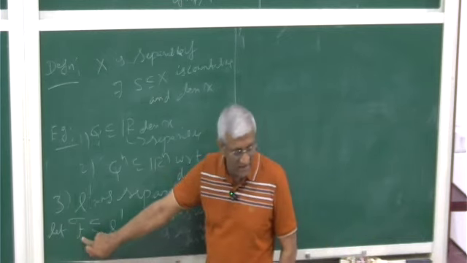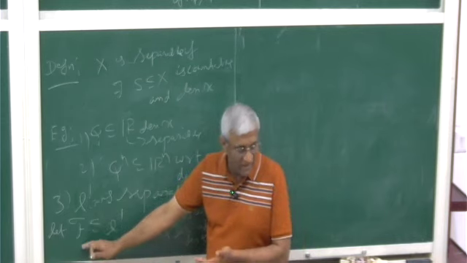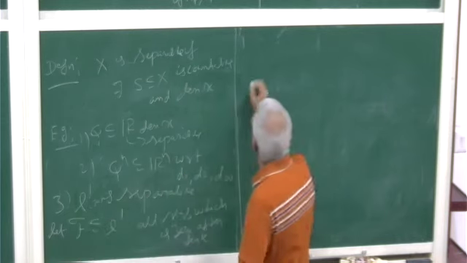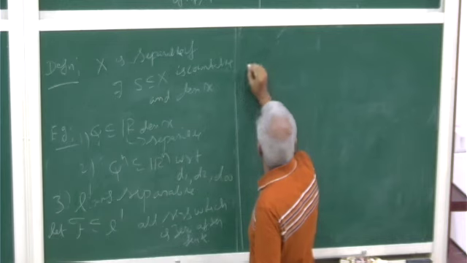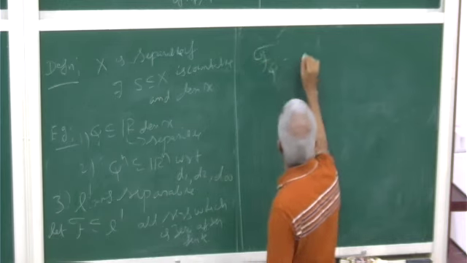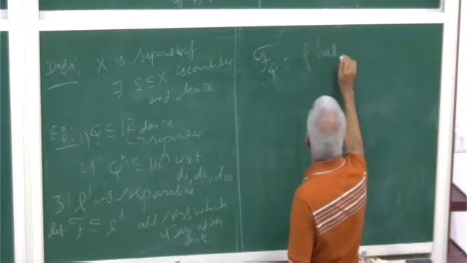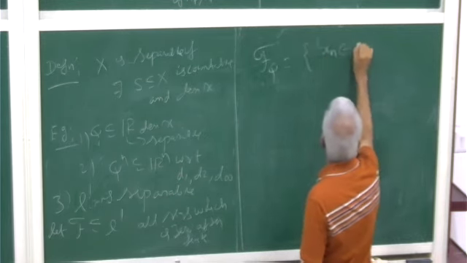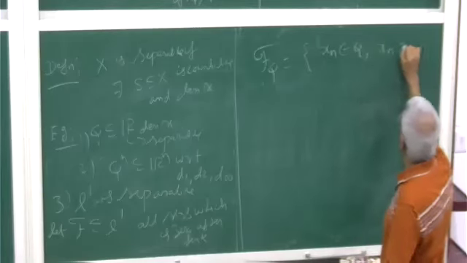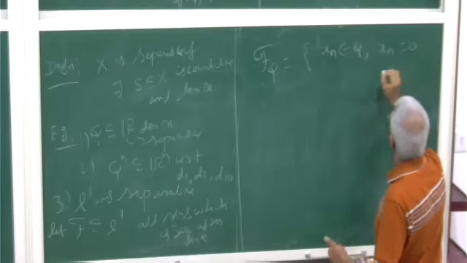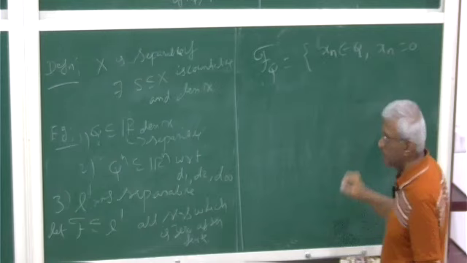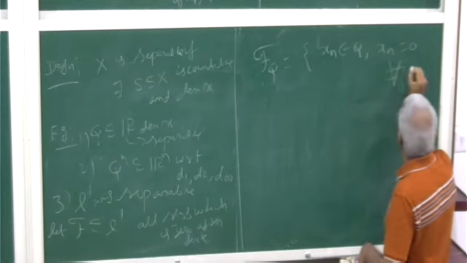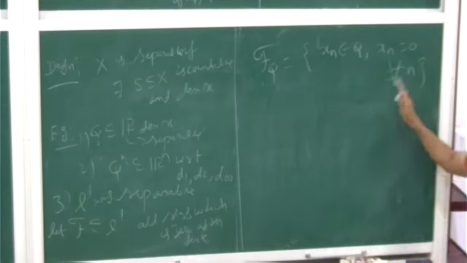This is not countable, since it is made up of real numbers. But let FQ be all sequences x_n in Q with x_n equal to 0 after some time. You agree with me, okay? For all n, but when I put the double thing, that means after some time.